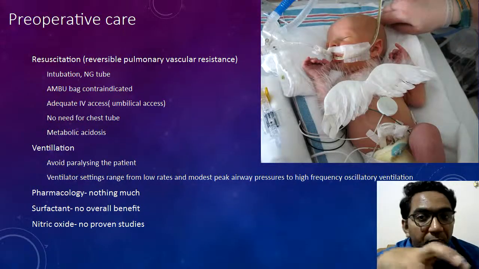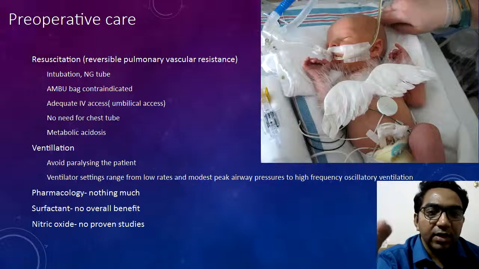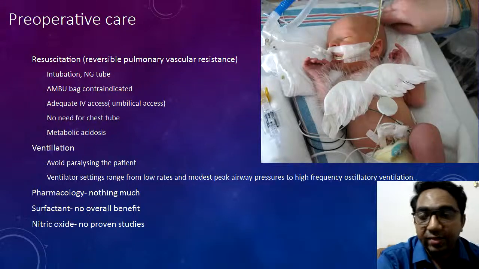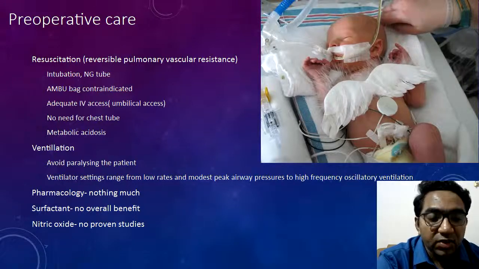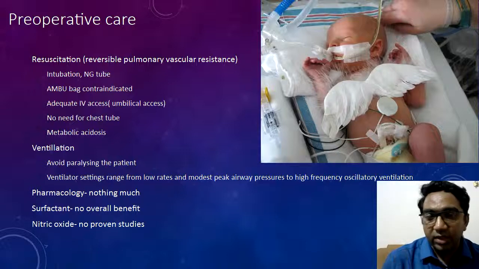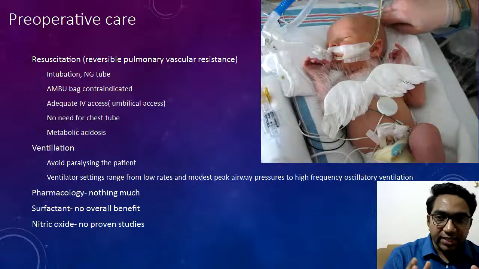Now, coming to preoperative care. Resuscitation is a very important part as far as congenital diaphragmatic hernia is concerned. It is to reverse the pulmonary vascular resistance. How does resuscitation reverse the pulmonary vascular resistance? In resuscitation, we have to put an endotracheal tube.